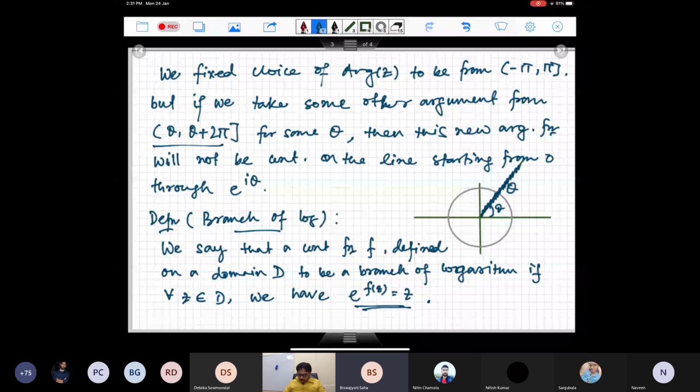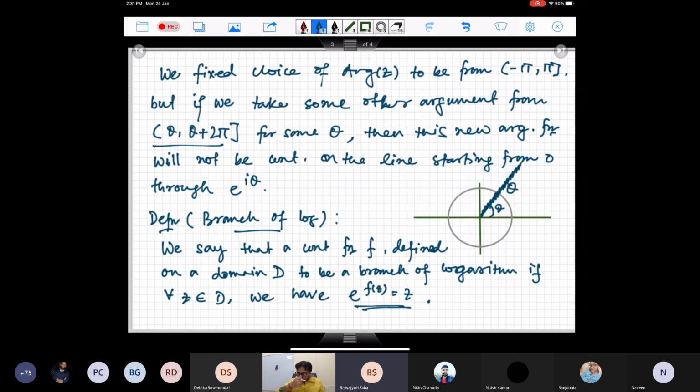So what do we mean by a branch of logarithm? We mean that we should have a continuous function on the domain D such that for all points in that domain, e power f of z is equal to z. Of course, here the things depend on D. For example, if somebody asks whether I can have a branch of logarithm on C star, which is C minus 0, we have already seen that it's not possible. So on C star there does not exist any branch of logarithm.